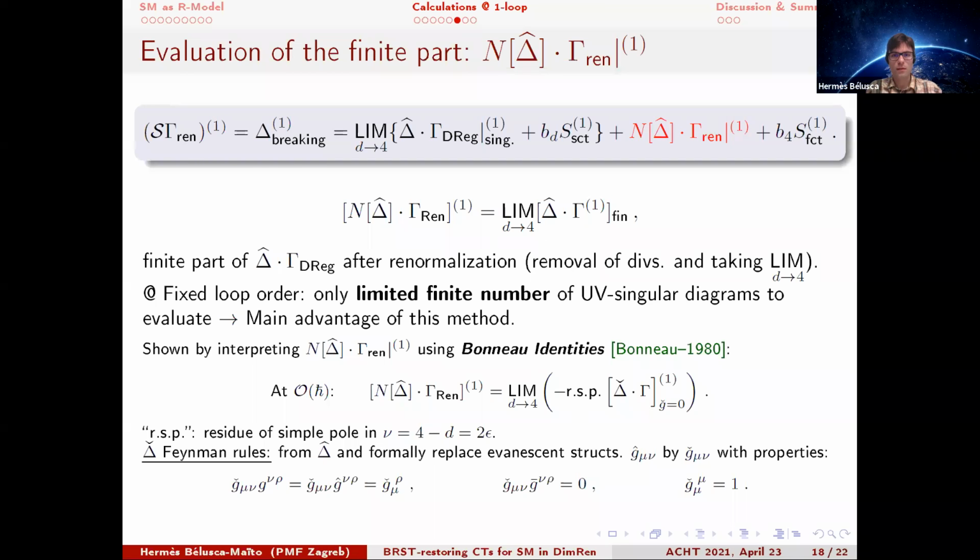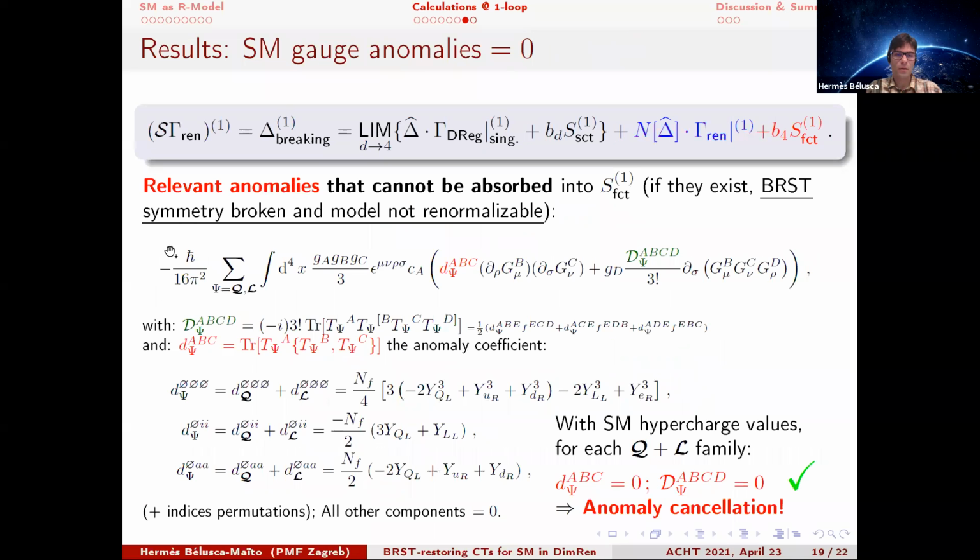And once we do that, we can find that, of course, there is a generic term that will correspond to a gauge anomaly, but in the standard model, and this is the well-known result, thanks to the fermion contributions, this local gauge anomaly does cancel. So by doing an explicit calculation, we find this condition that appears.